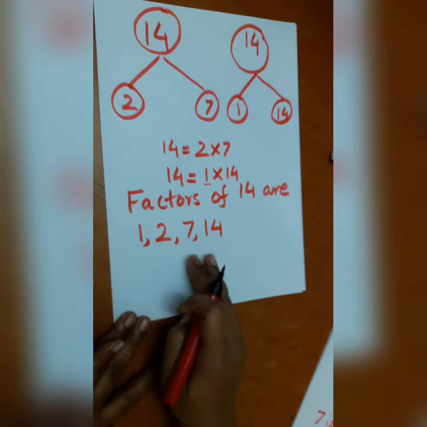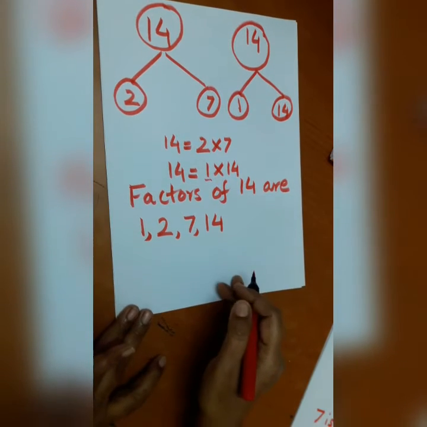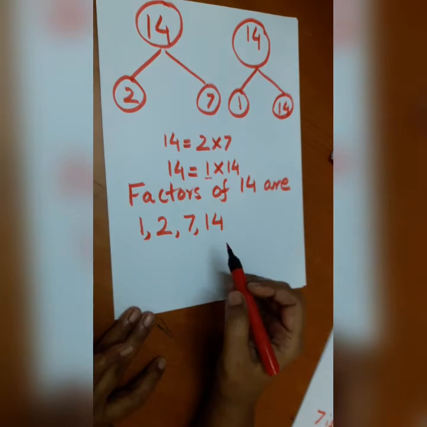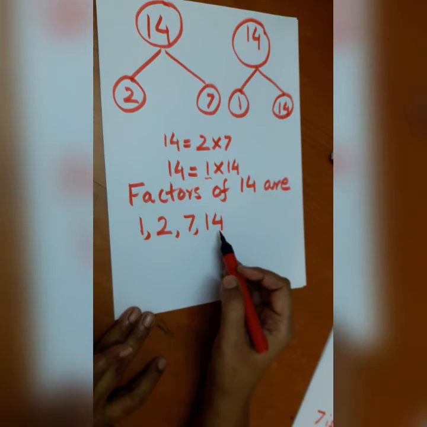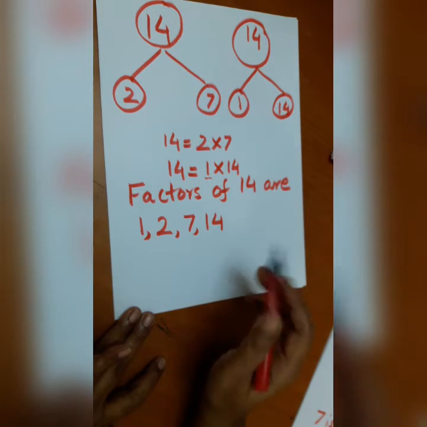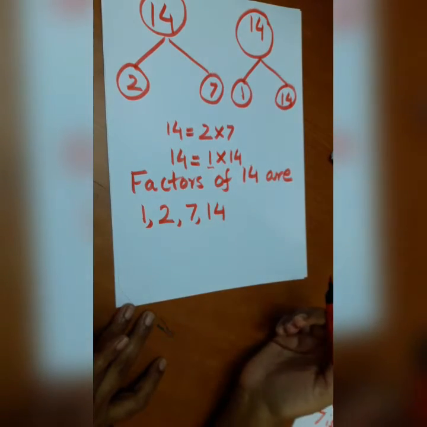So these 4 are the factors of the number 14. That means number 14, when divided by these numbers, the remainder is 0. That is completely divisible.